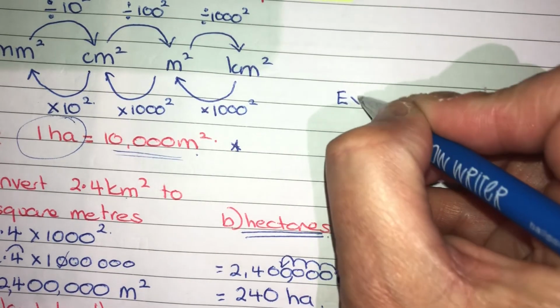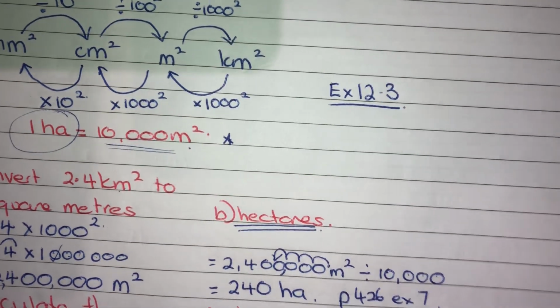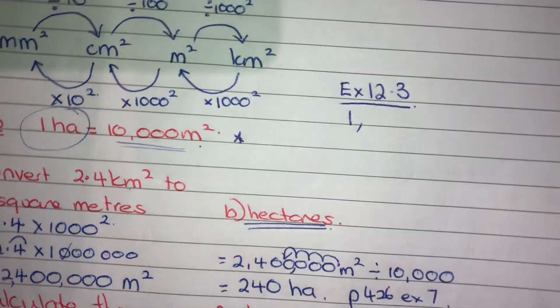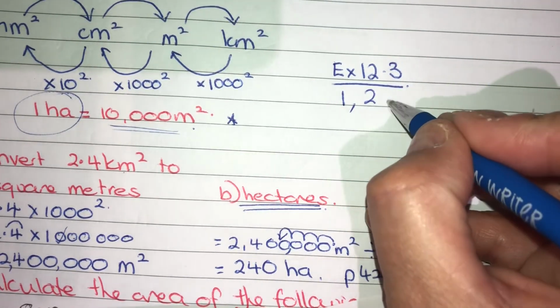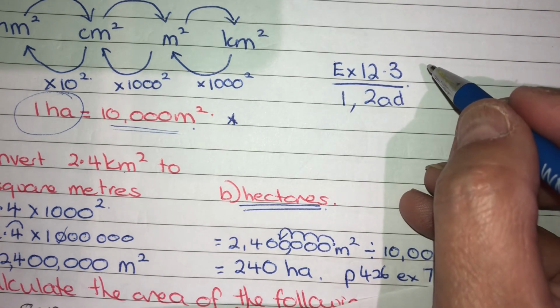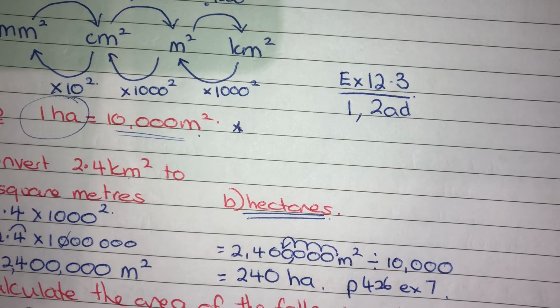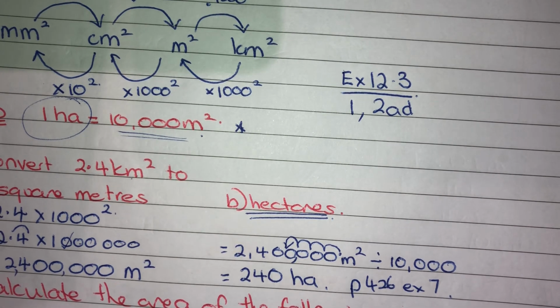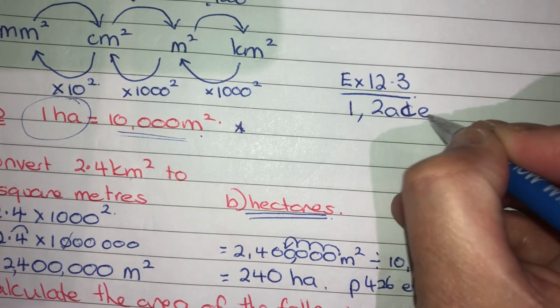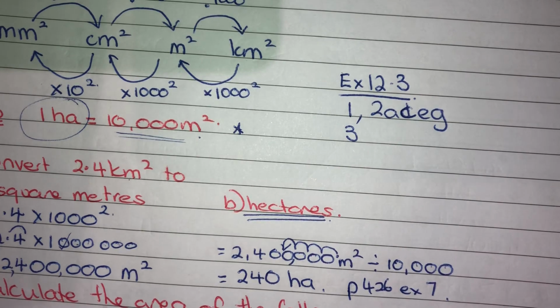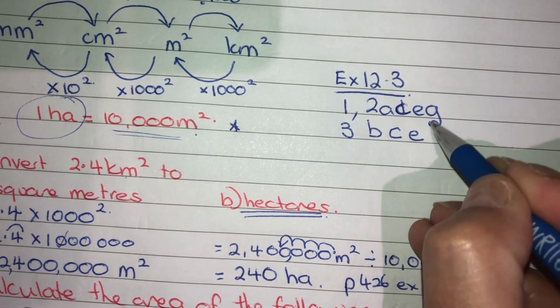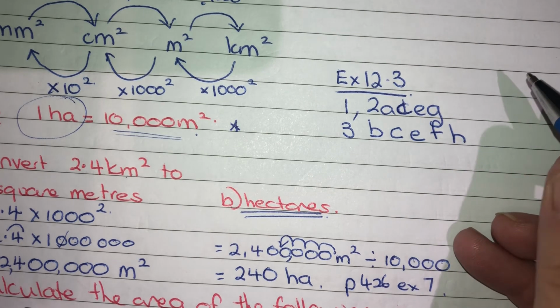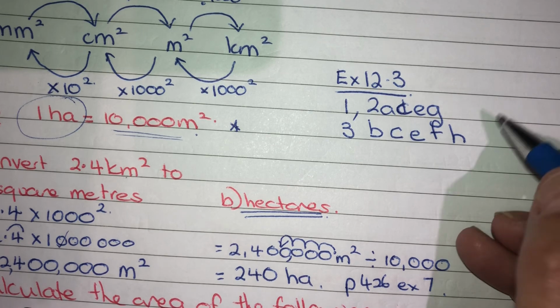So we are at 12.3 and you can do question 1, then 2, A, C, E, G, and then I'm going to get you to do 3, B, C, E, F, H, and J.